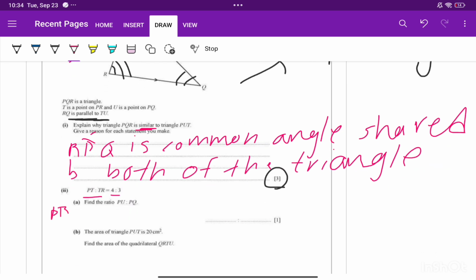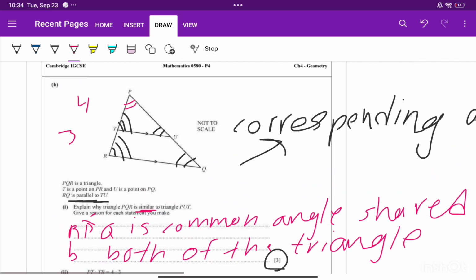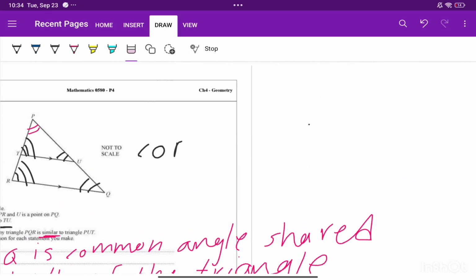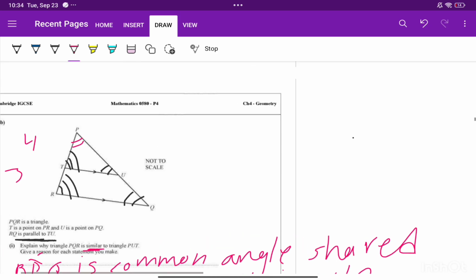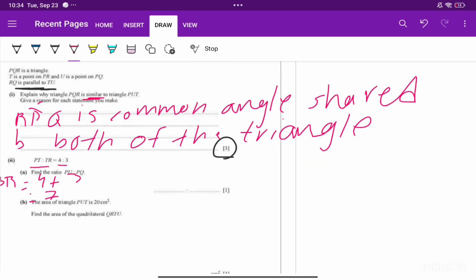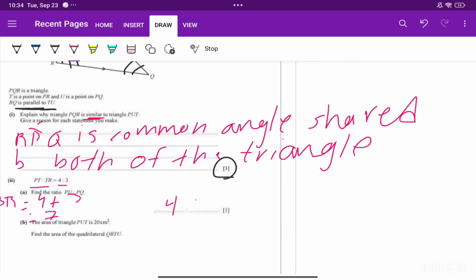PR will be equal to 4 plus 3, which is 7. So we can write that PT is equal to 4 and PR is equal to 7. And as both triangles are similar, we can also write that PU will equal 4 and PQ will equal 7.